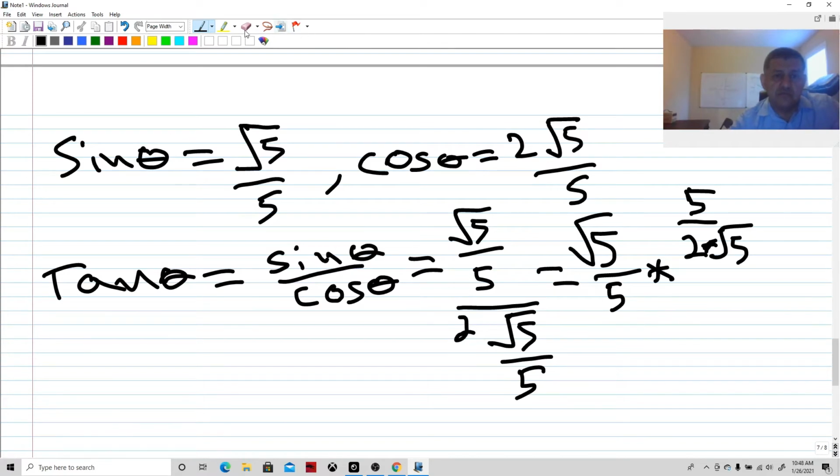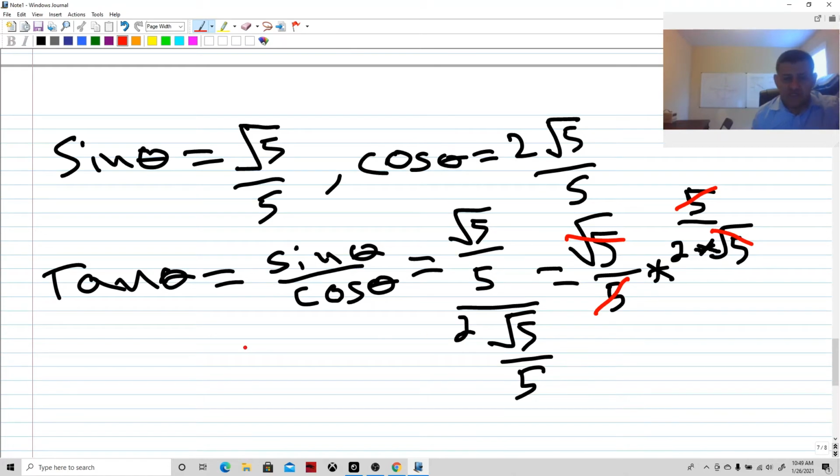It's going to be kind of hard to do, but I will try. You can see that this 5 cancels with that 5, and this radical 5 cancels with that radical 5.